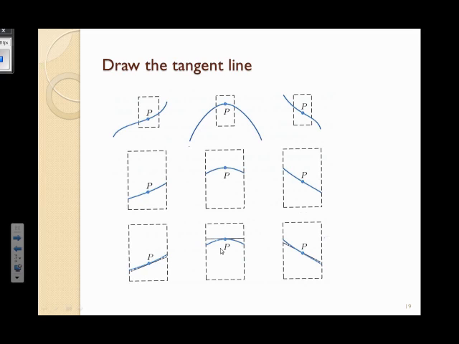In the second one, the tangent line touches just point P and nothing else, and we notice that the tangent line is above the curve at every point. So often, this will be the case, the tangent line will either be below or above the curve, but there will be some times where the tangent line actually goes through the curve.